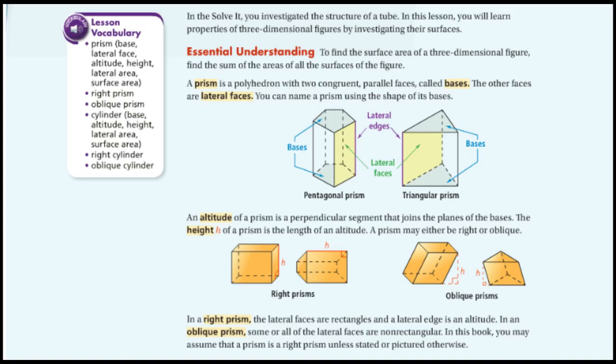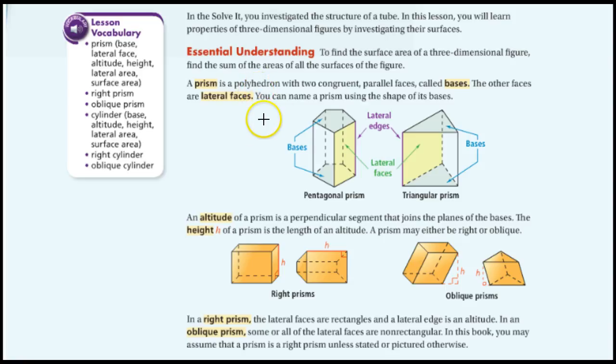Okay, so to help you understand this problem, I'm taking you back to lesson 2 from unit 5, and just kind of review exactly what we're talking about when we're talking about lateral area versus just surface area.